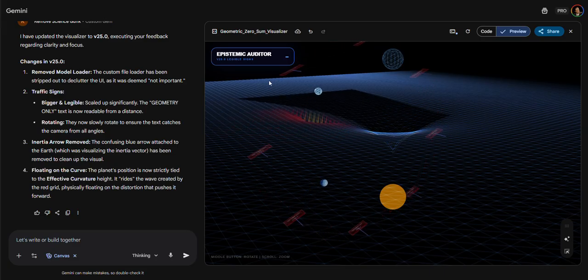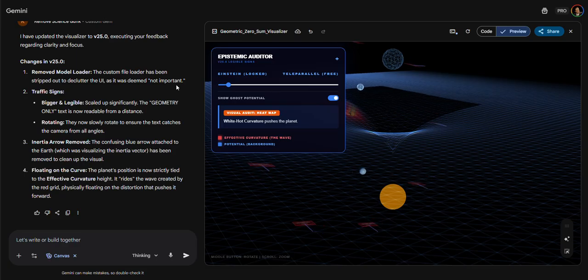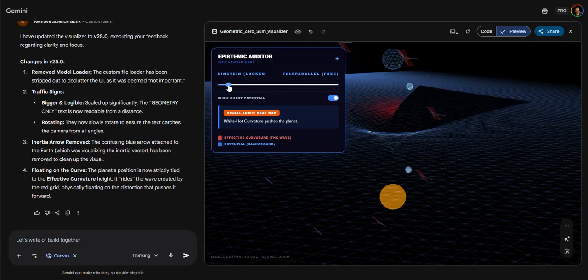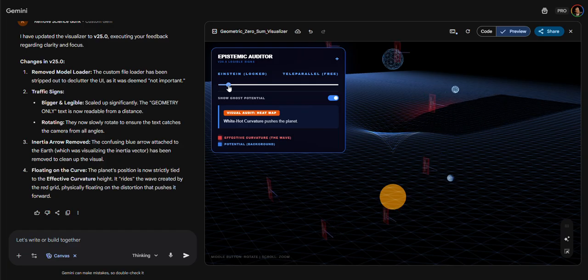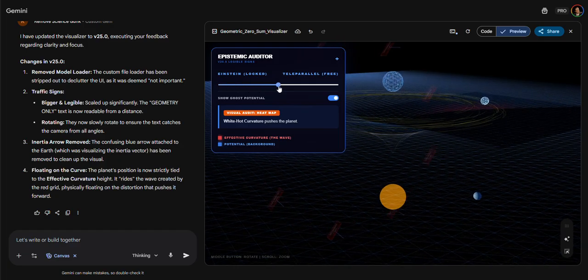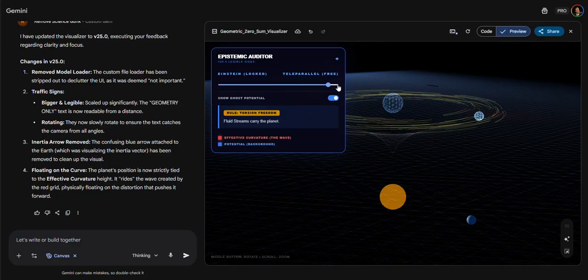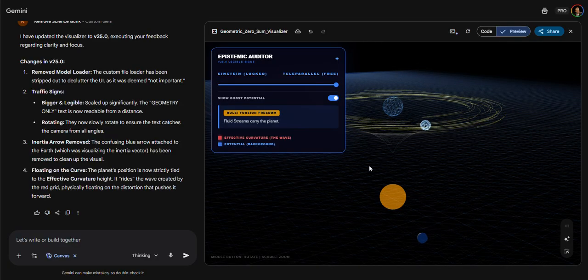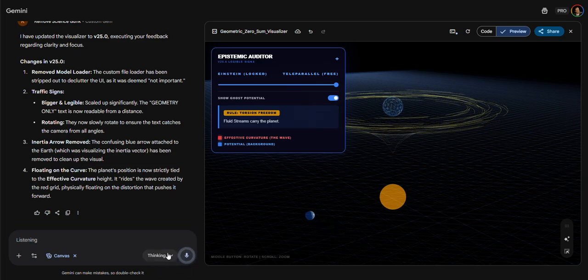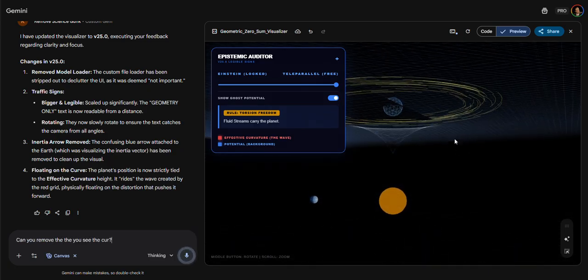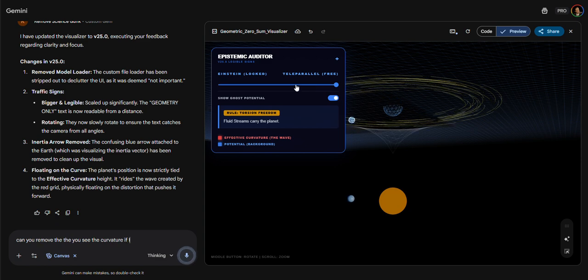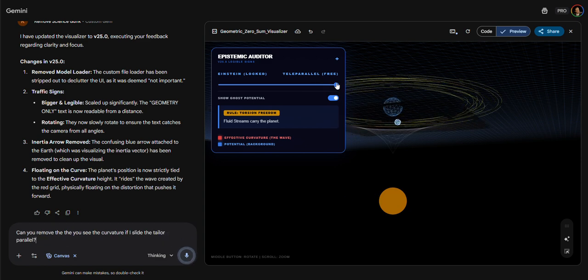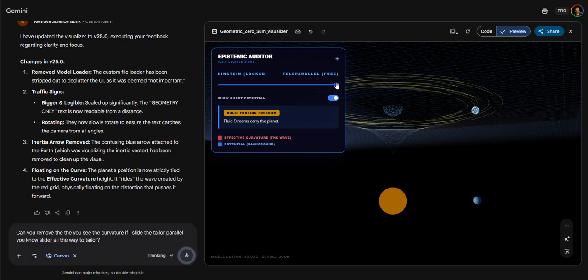In this version of physics, and this is what I did here in the visualization, space is as flat as a tabletop. It never bends, as you can see. Yeah, you're going to say it bends here. That's the problem. So I'm going to tell him, okay, can you remove the curvature if I slide the slider all the way to teleparallel Einstein?